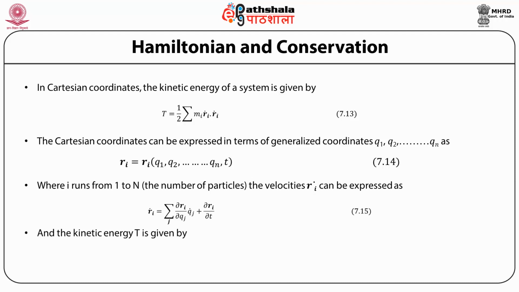And therefore, the kinetic energy in terms of generalized coordinates, with the Cartesian coordinates expressed in terms of generalized coordinates themselves, can be written as T is equal to half m_i sigma over j of the partial derivative of r_i with respect to q_j into q_j dot plus the partial derivative of r_i with respect to t, and the square of the whole thing.